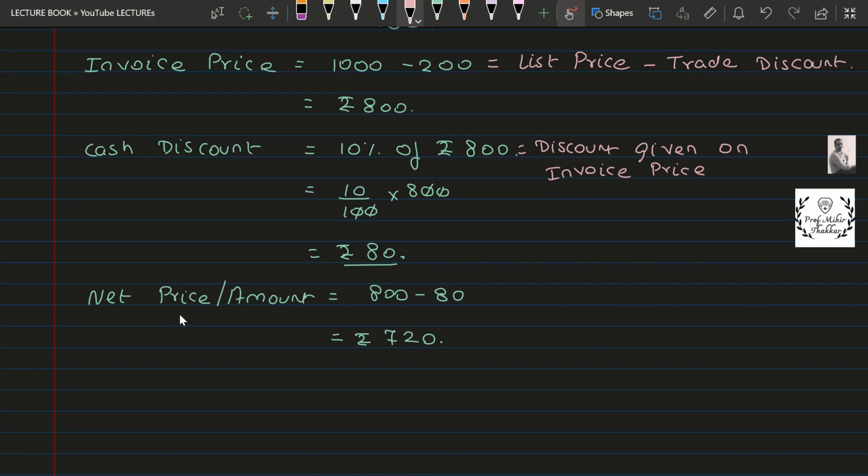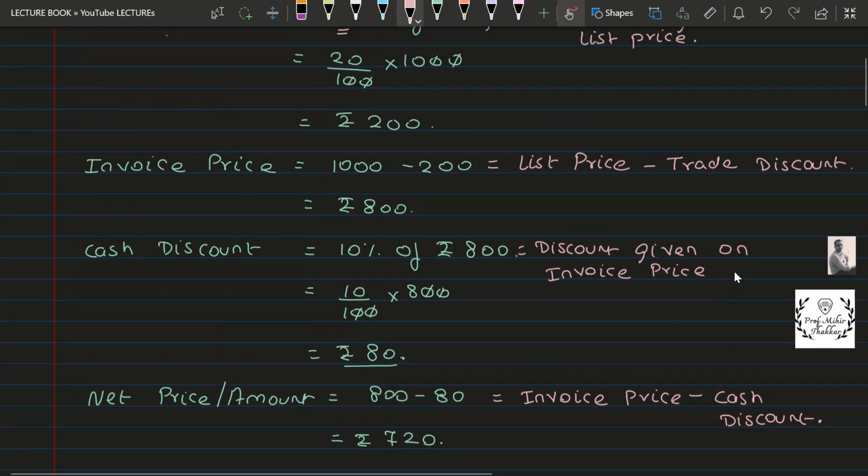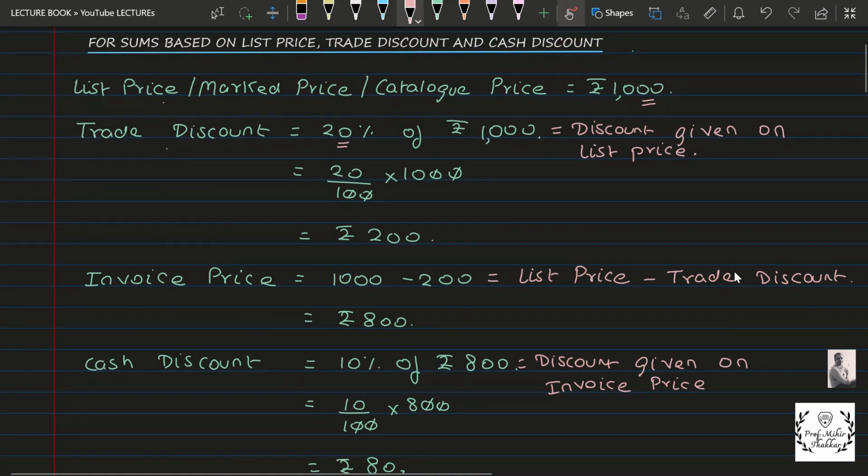We took the difference between 800 and 80. So, in order to get a general formula, I can say this is equal to invoice price minus cash discount. So guys, those are the different formulas that you will need for the sums which are based on the list price, trade discount and the cash discount.